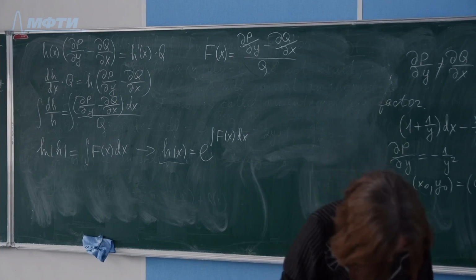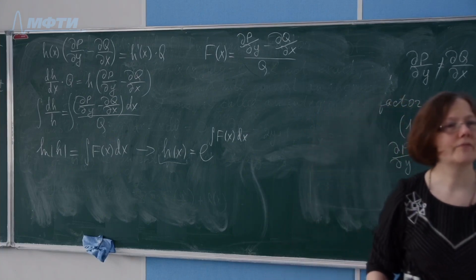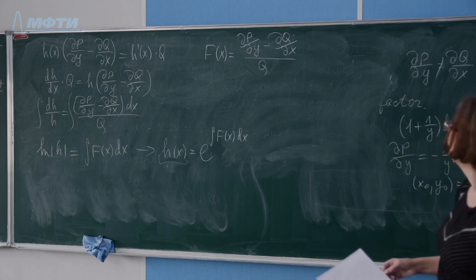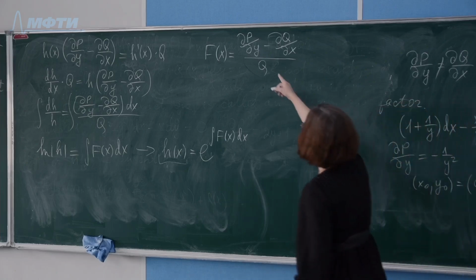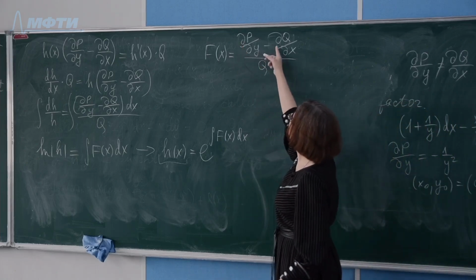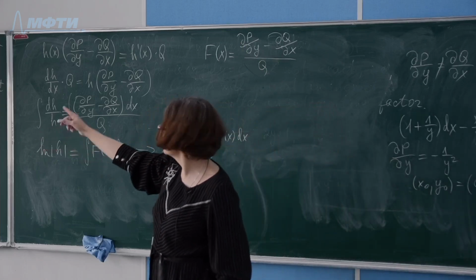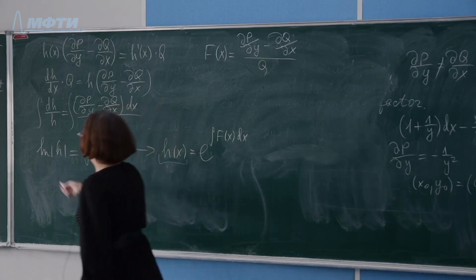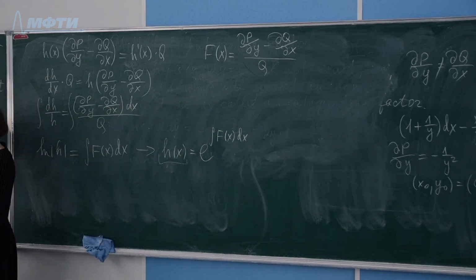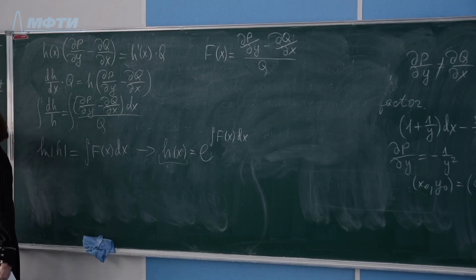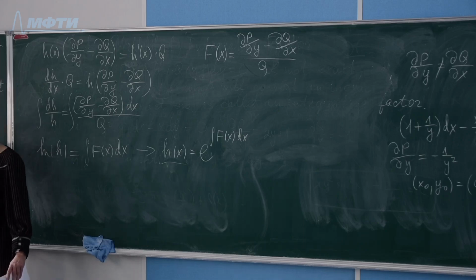You can also find f of y by dividing by p instead of q. Right, so dp over dy and dq over dx are found on the first step, because when we check that this equation is not exact, we have already found dp over dy and dq over dx.